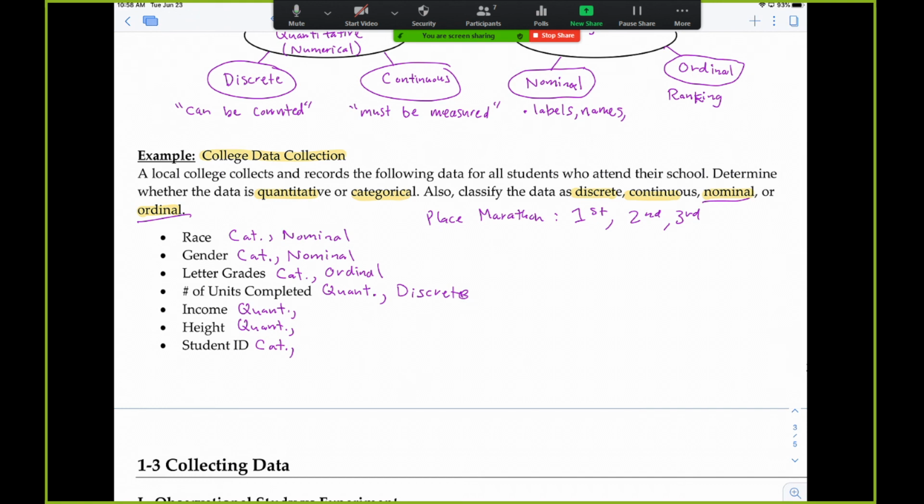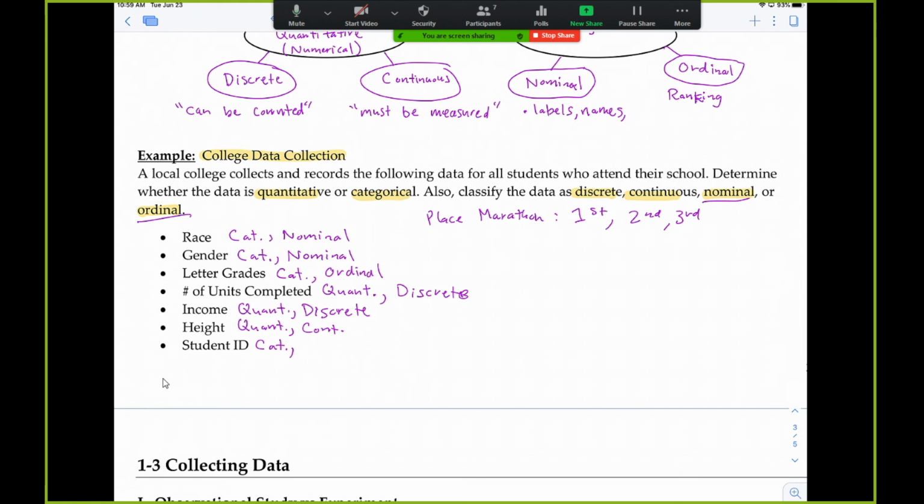Income, I'm also going to say discrete because you can count money. And then height, it's continuous. That's right. Number of units and income can be counted, but height is something you've got to measure. You can't just look at somebody and count the number of feet or inches they are. You've got to measure it with some kind of tool.